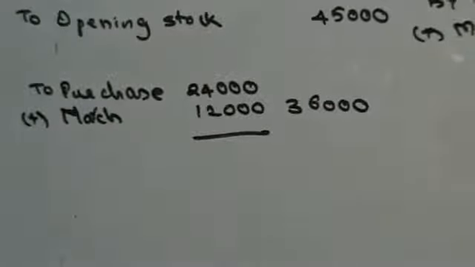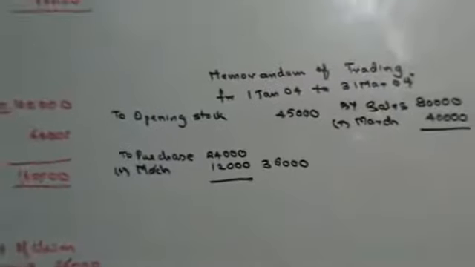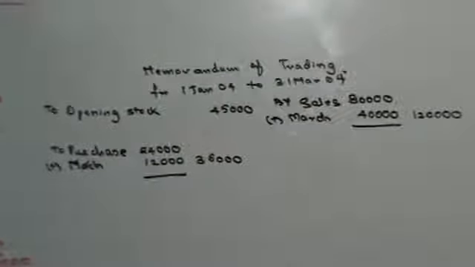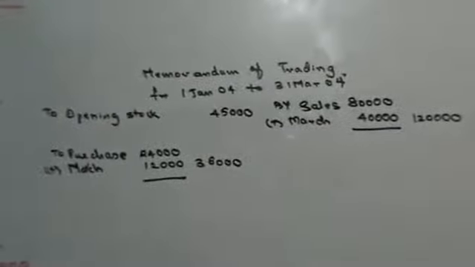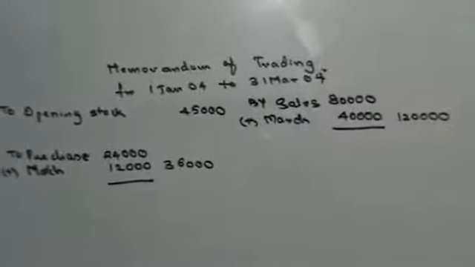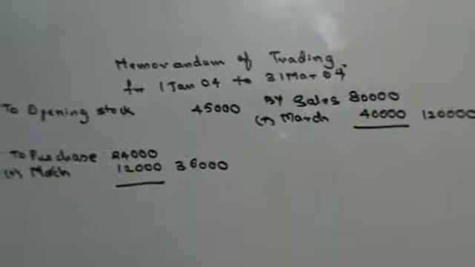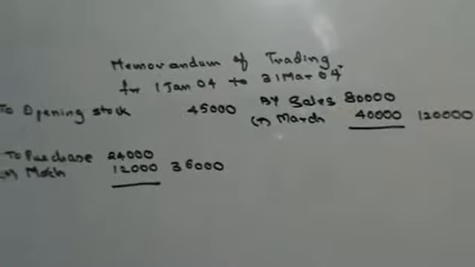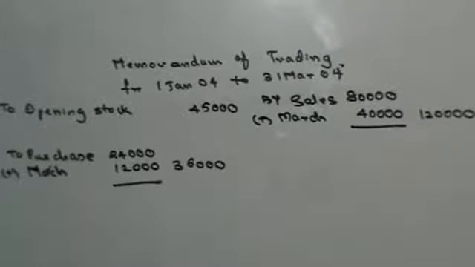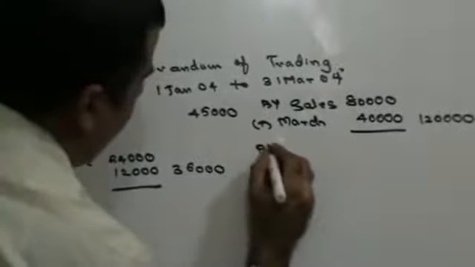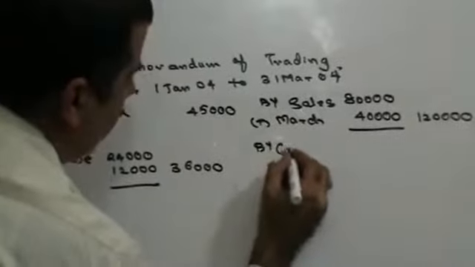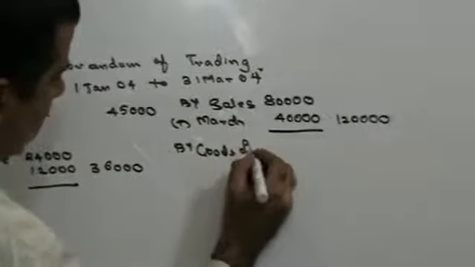Right? Okay. In Jan 2004, that means in the current year, a theft took place as a result of which goods of value 6,000 were lost.